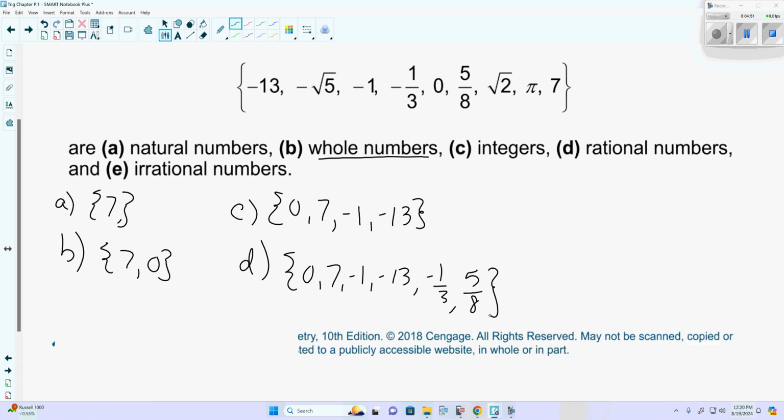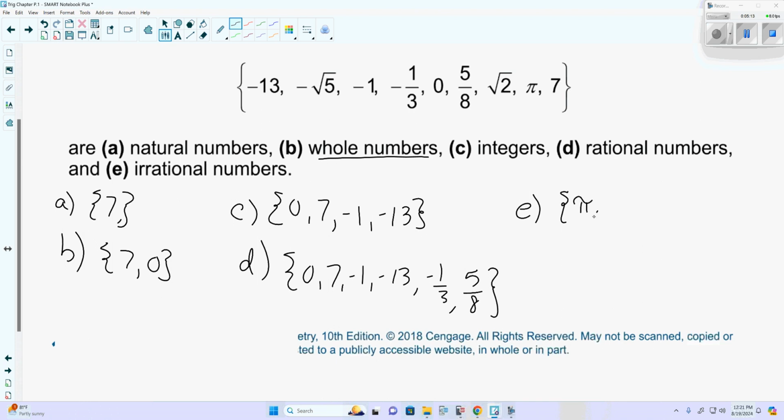And the last one we had is irrational numbers. Well, not all of them are considered irrational, because 0, 7, -1, -13, -1/3, and 5/8 are rational. That only leaves a few things that are irrational.